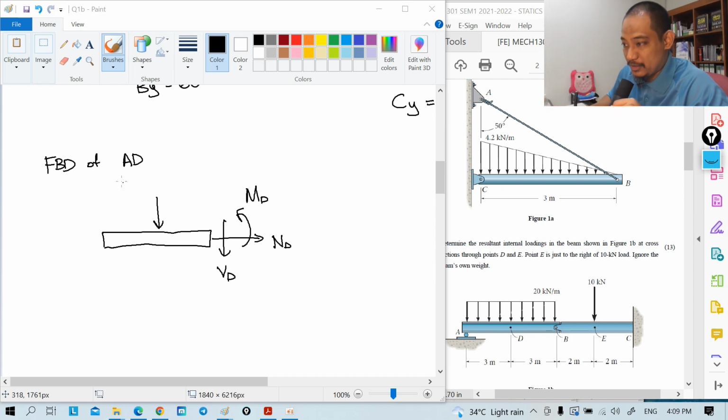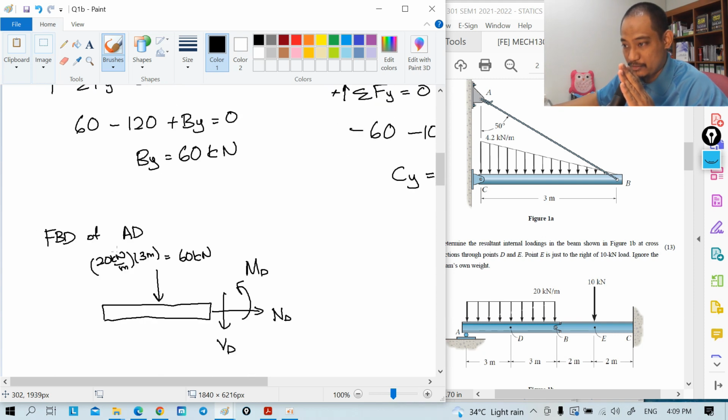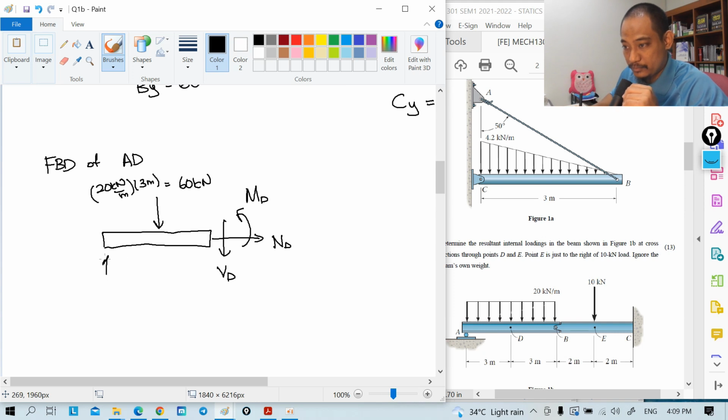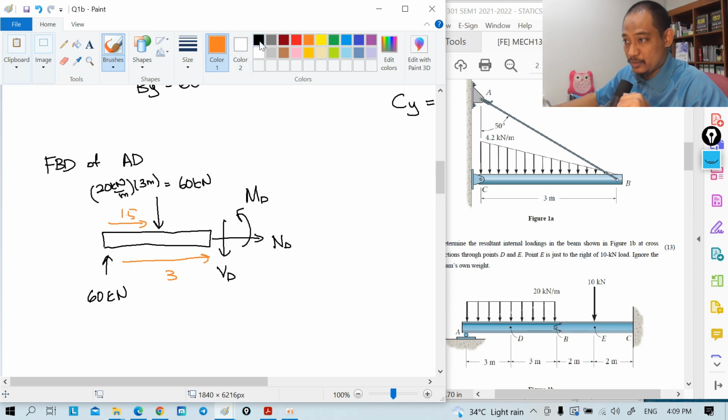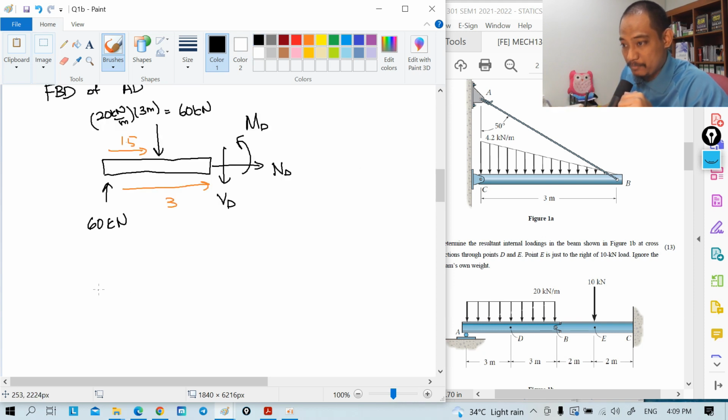So you have 20 kilonewton per meter times the distance of 3 meter, so you get 60 kilonewton there. And the normal force at A, we already have 60 kilonewton. For the distance, because it is halfway, this is 1.5, and the whole thing is 3 meter.